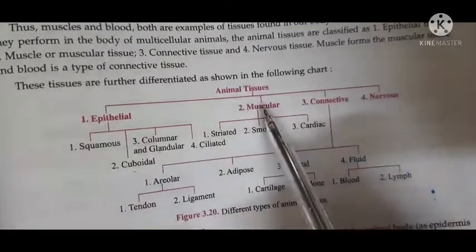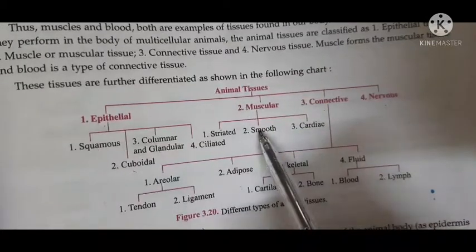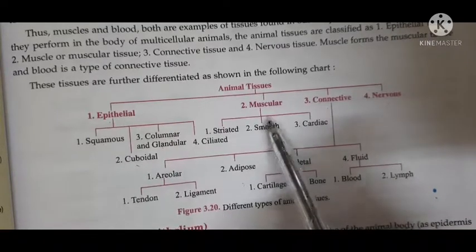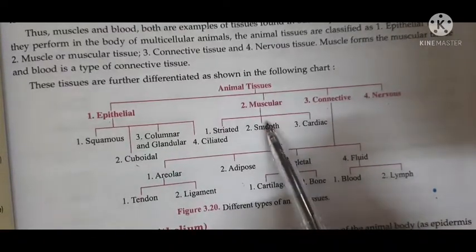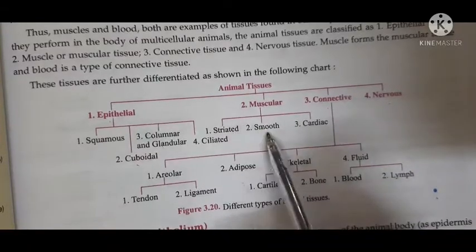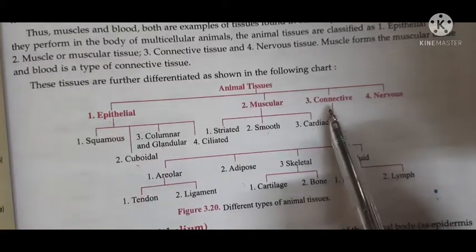Now second is the muscular tissue. Muscular tissue consists of muscle cells. This muscular tissue is of 3 types: striated muscles, smooth muscles, and cardiac muscles. Then we come to connective tissue.